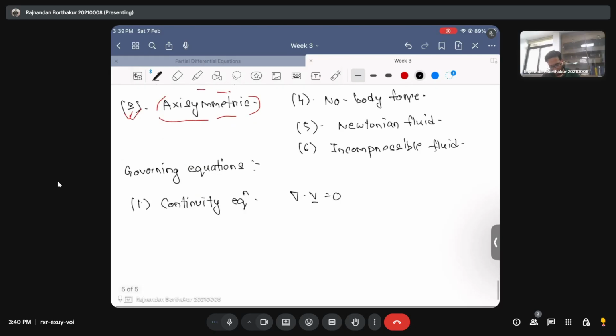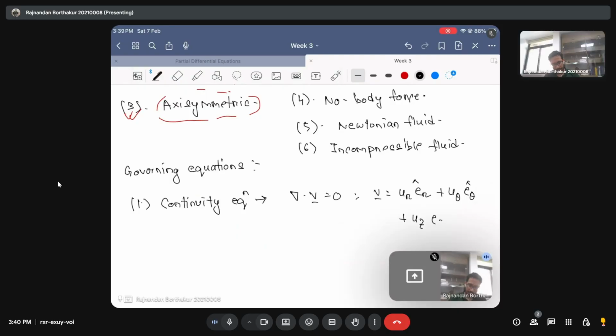All right, then we can use this form of the continuity equation, which is that the divergence of the velocity field is zero. And I know that my velocity field is going to be ur er hat plus u theta e theta hat plus uz ez hat.